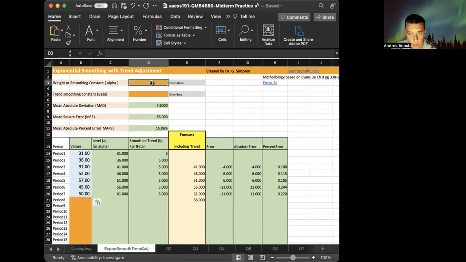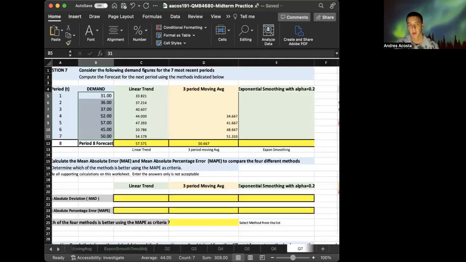And for our alpha, we will put 0.2, enter, and bam, we got our exponential smoothing. Perfect. So now we would have to go back to our question number 7.